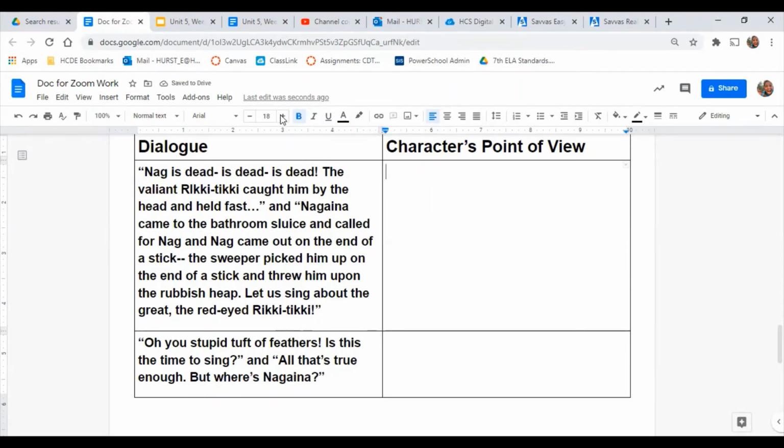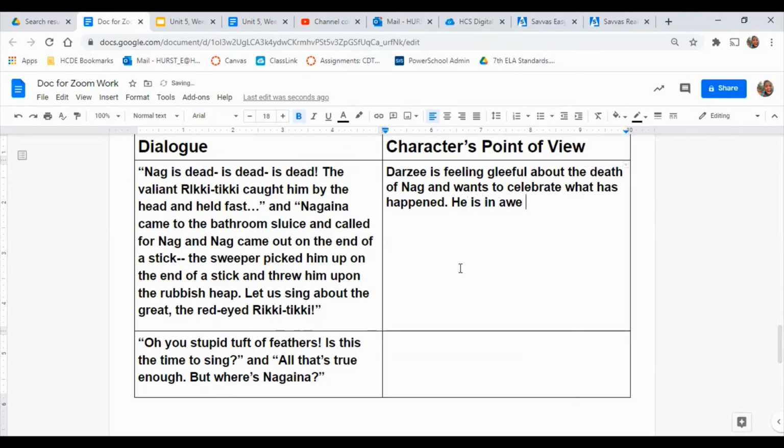So I think that Darzee is feeling gleeful about the death of Nag and wants to celebrate what has happened. I also think he has this, like, let's sing about the red-eyed Rikki Tikki. I think he is in awe of the work that Rikki Tikki accomplished and wants to congratulate him.